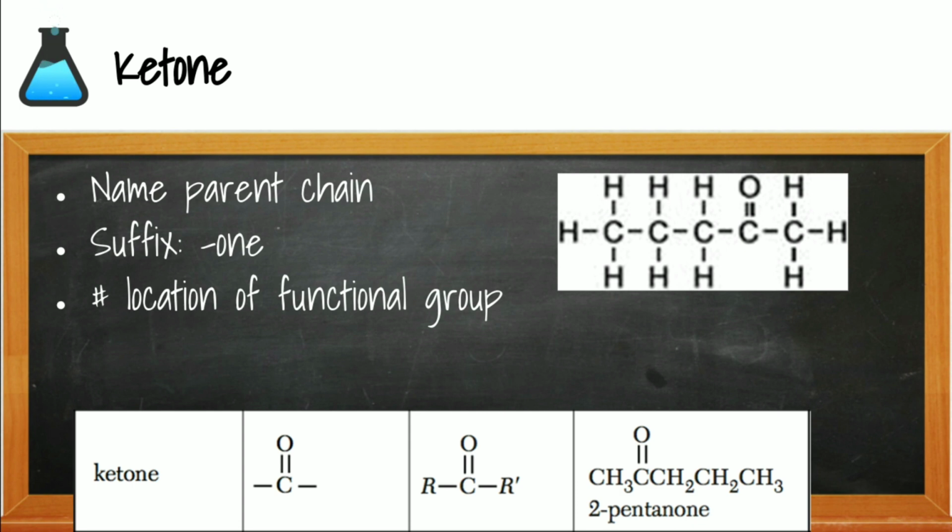The one tells us that we need this double bonded oxygen to be attached to a carbon that's in the middle. So these R groups could be any other hydrocarbon, and the 2 gives us the location of that special O. It has to be on the second carbon from the end.